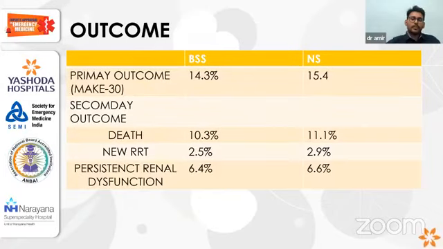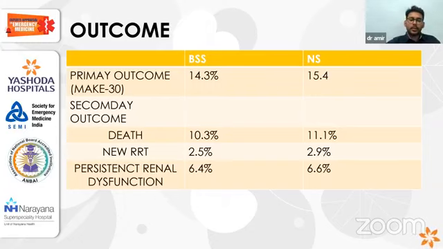So the outcomes of this study were primary outcome and secondary outcome. On balanced salt solution, the primary outcome, which is related to MAKE30, that is major adverse kidney events, was 14.3% in balanced salt solution and 15.4% in normal saline.